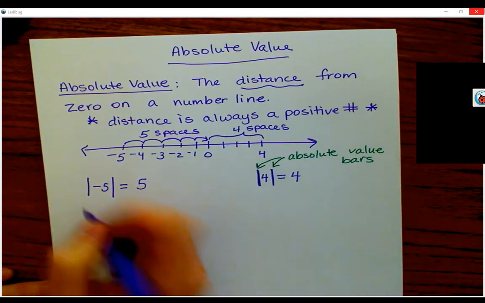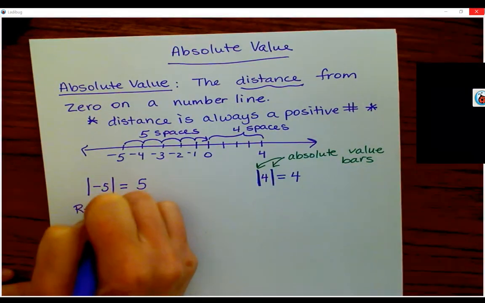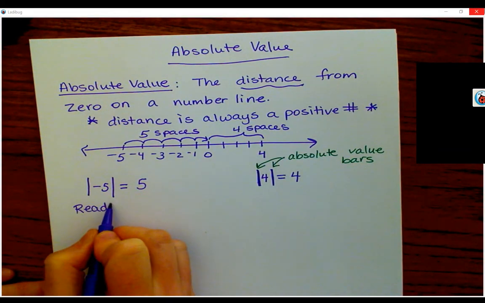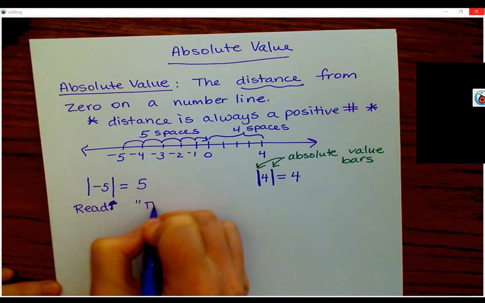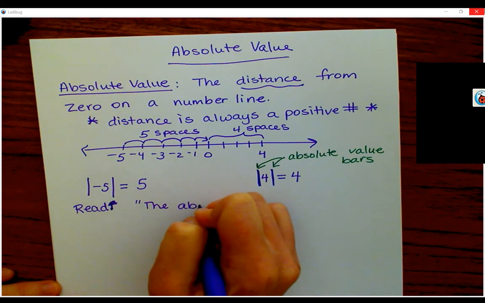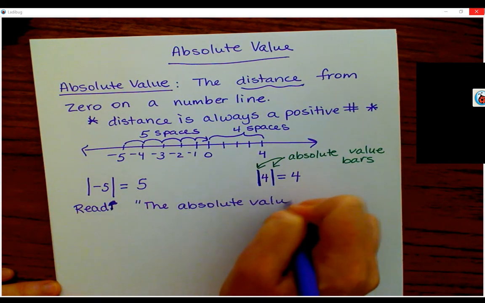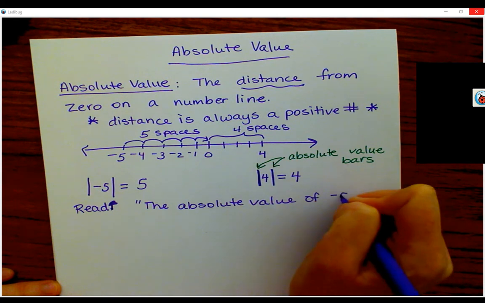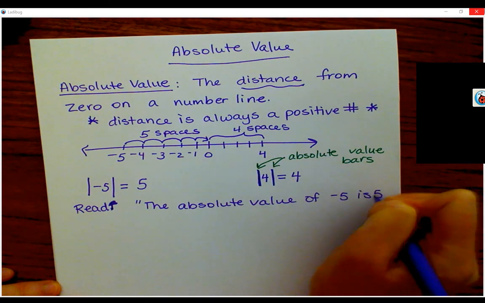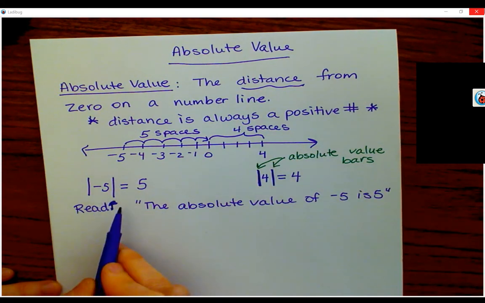Okay? So I'm just going to write yourself a little note. Read. That's how we read this. The absolute value of -5 is 5. Okay, that's how we would read that statement there.